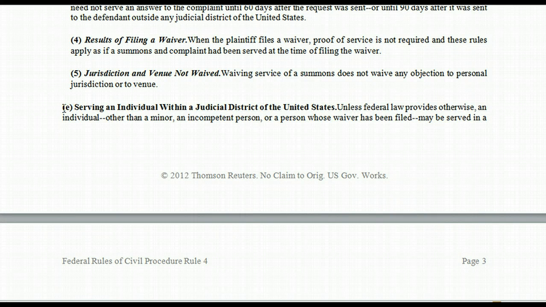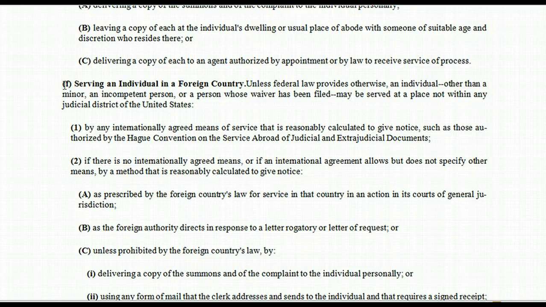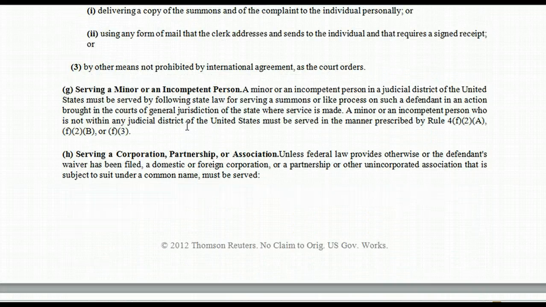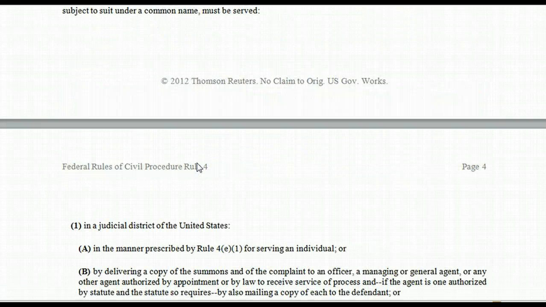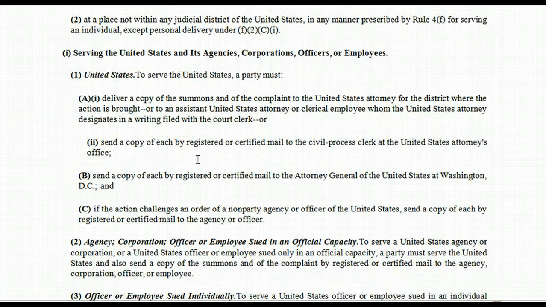So here in 4(e), serving an individual, that means a natural person like you or me. That's how you serve process there. Or here's serving an individual if they're in a foreign country. There's a number of means that you can do that. Serving a person who's a minor or an incompetent, a different procedure needs to be followed. Serving a corporation, partnership, or association, so some kind of private business.